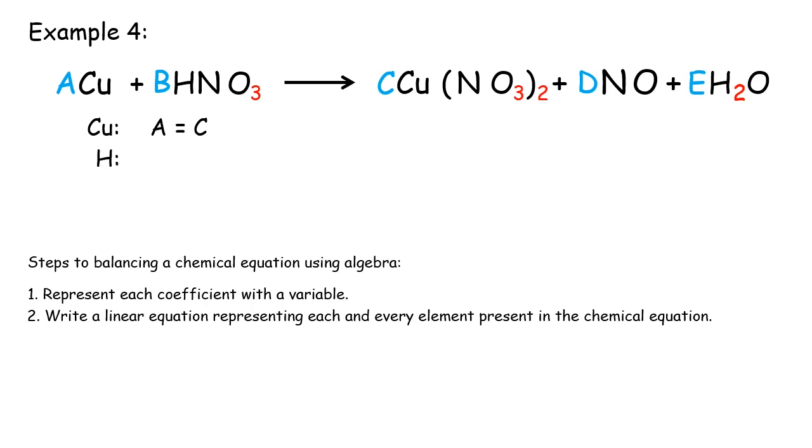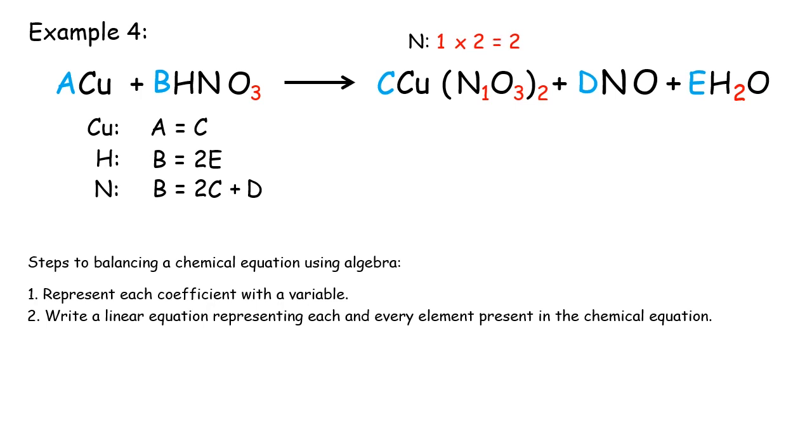For hydrogen, the equation is B equals 2E. Since it is very similar to the previous equation, I will not be explaining it further. For nitrogen, the equation is B equals 2C plus D. Looking at nitric acid, nitrogen has a subscript of 1, multiplying it with its coefficient of B, gives us B. On the product side, nitrogen has a subscript of 1 in cupric nitrate, multiplying it by 2, the subscript outside the bracket, gives us 2.